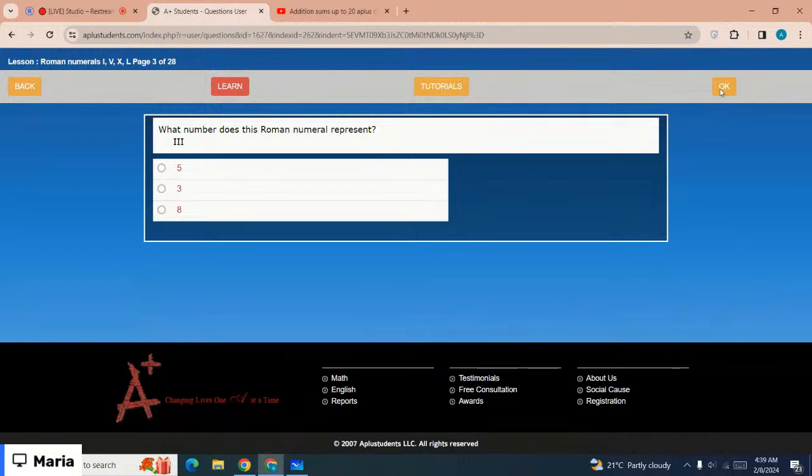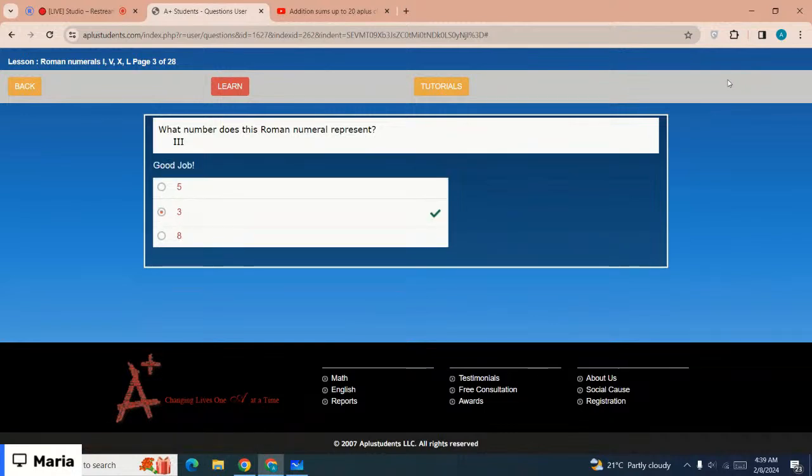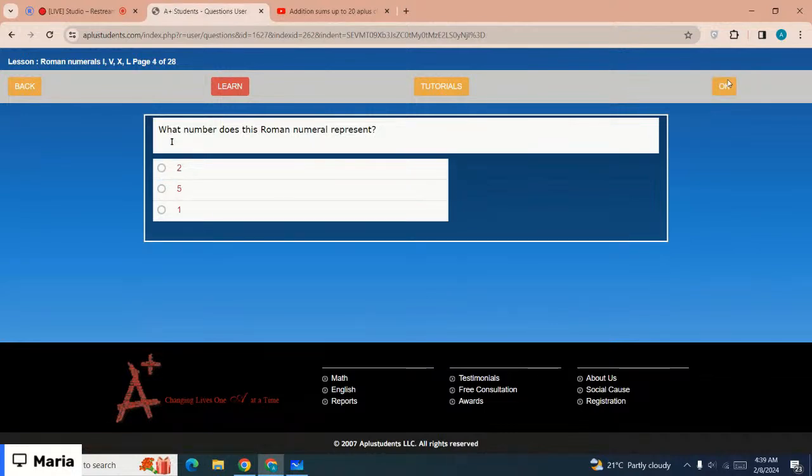What number does the Roman numeral represent? How do you write 3? Basically, this Roman numeral represents 3. Sorry, that's how you write 3. Okay, what number does the Roman numeral represent?